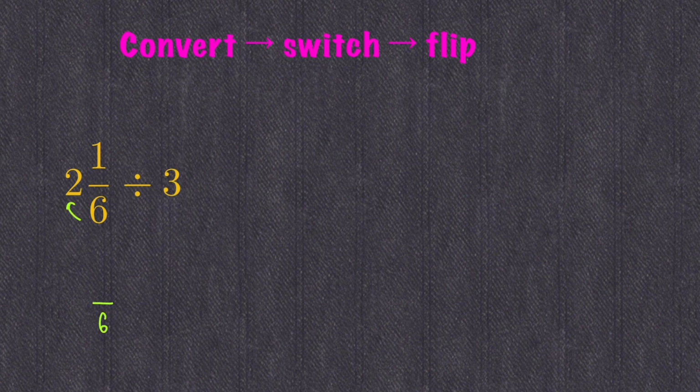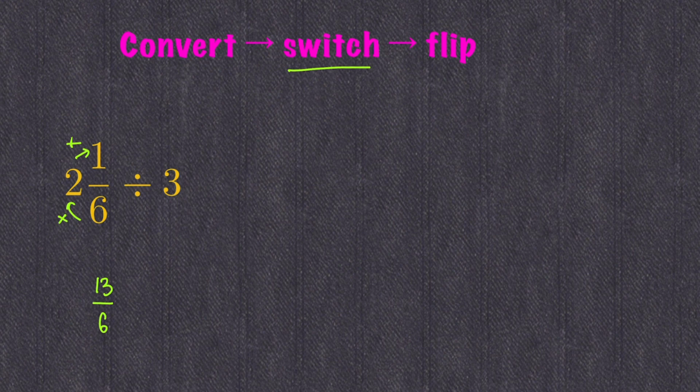Then we're going to times and plus. So timesing 6 by 2, that's 12, plus the 1, that gives us 13. So the mixed number 2 and 1/6 can be converted into an improper fraction, and that becomes 13 over 6. Then switch.